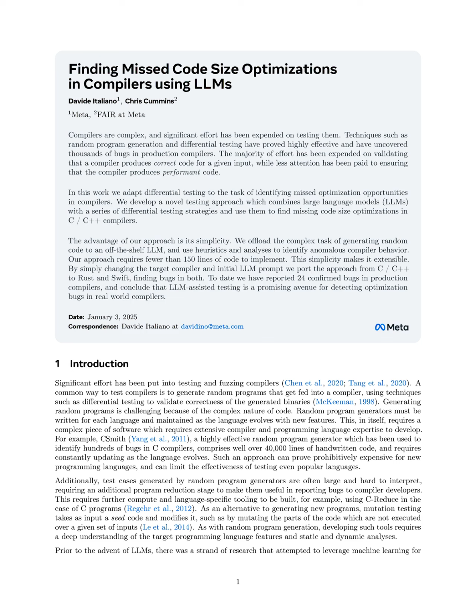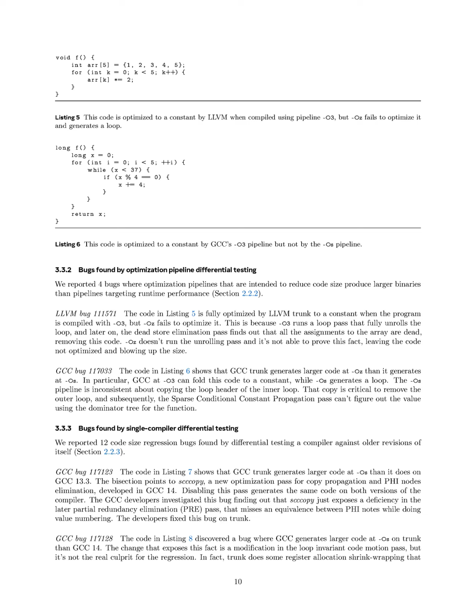This simplification minimizes the human effort required for training and maintaining the generator, as it does not necessitate the extensive language-specific expertise required for grammar-based generators. Additionally, our approach allows for easier adaptation to new programming languages by simply changing the prompt and compiler invocation, making it more maintainable as languages evolve.